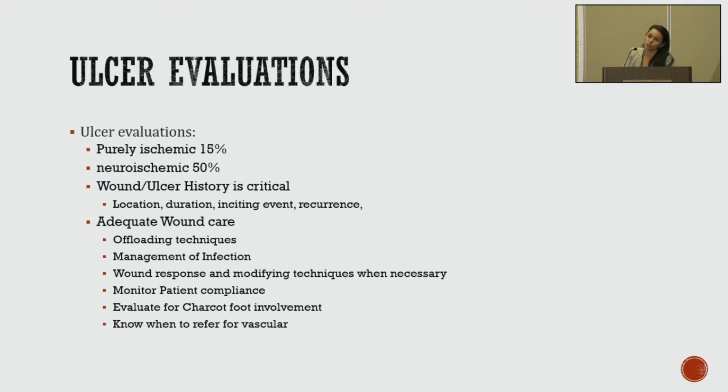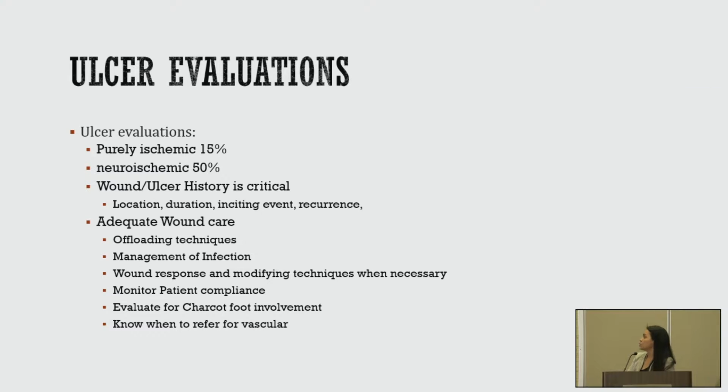When we get these ulcer patients, we need to evaluate and understand where these ulcers could be potentially coming from. Yes, there are just purely ischemic ulcers, but these are very few. These are about 15%. Most of these will be a combination of neuroischemic ulcers, and that's about 45 to 50%, where we have a neuropathic component, usually identified with these preulcerative callus patterns, preulcerative lesions, that kind of thing, and then the ischemic component.